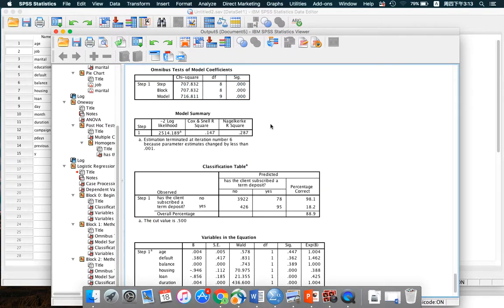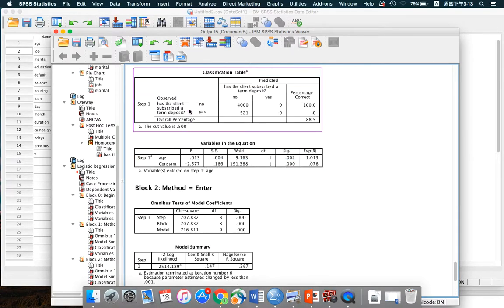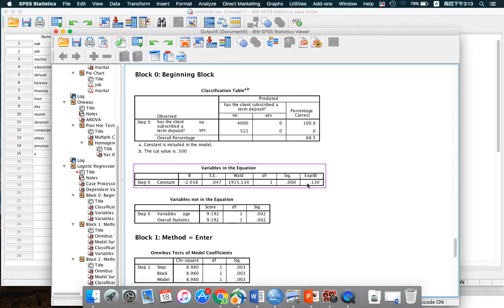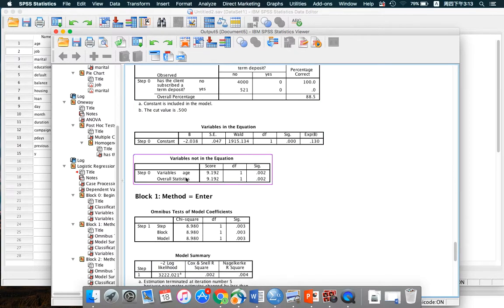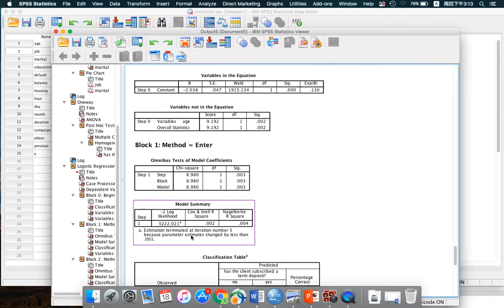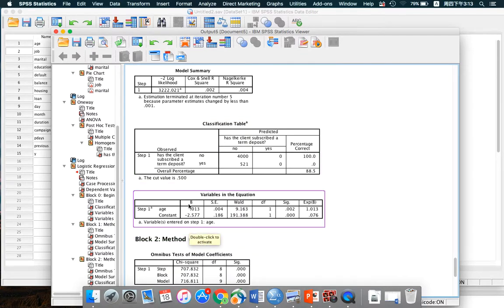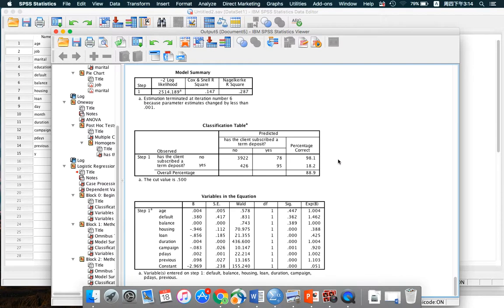From the table, we can see that in the first step, age is significant, and the beta is positive, which means older people have more interest in making a deposit. However, when we put other factors together, age is no longer significant, but we have some significant results where the beta is negative, which means a negative relationship.